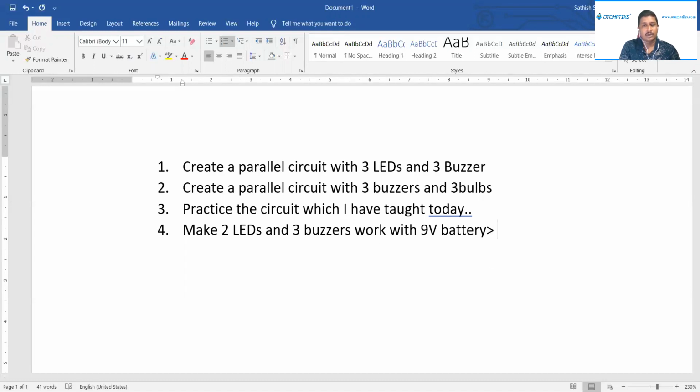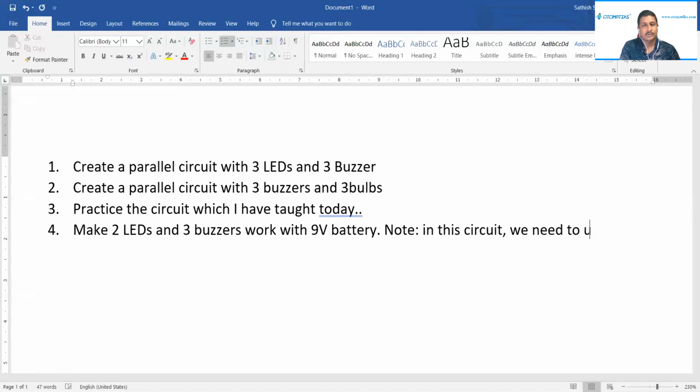But note, in this circuit we need to use a 7805 IC. So these are the 4 tasks.